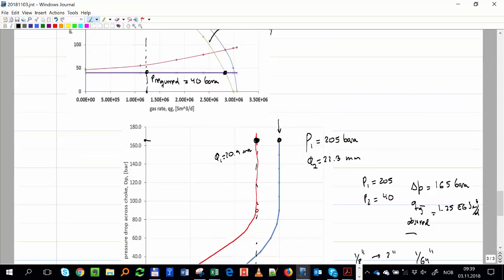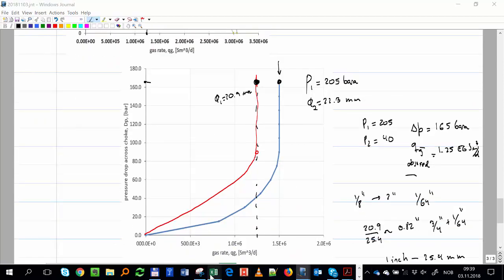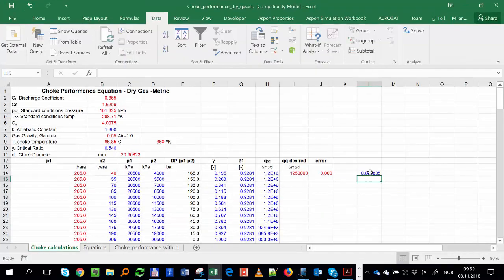We go back to the spreadsheet. Okay, so I said that's what I want. This is what I have. So I want to make the two of them the same, and I create an error. First I want it to be always positive, so I don't want it to be plus or minus, I want it to be exactly 0.